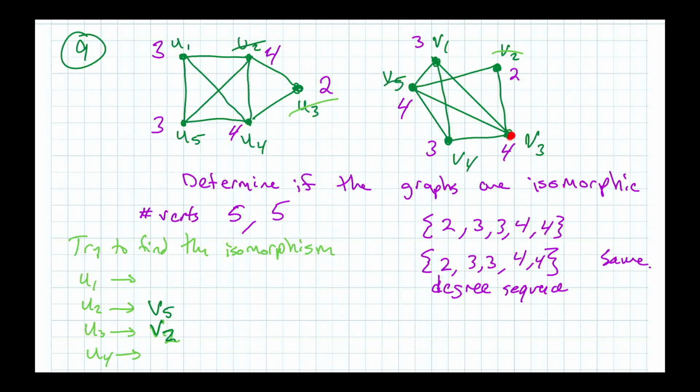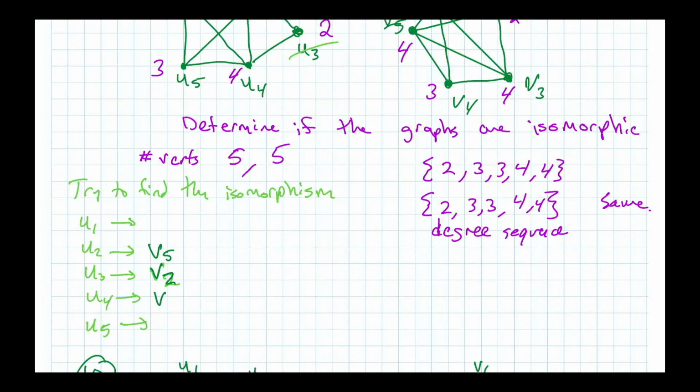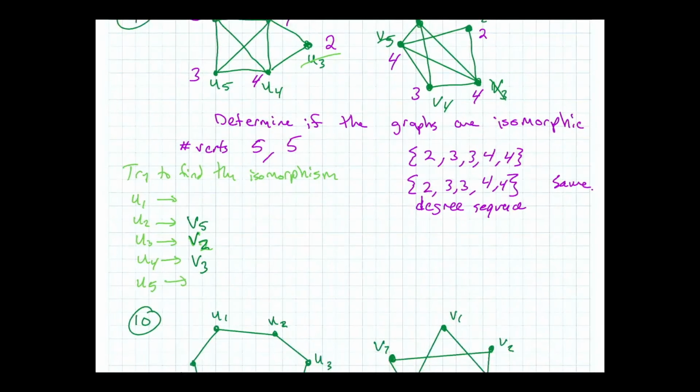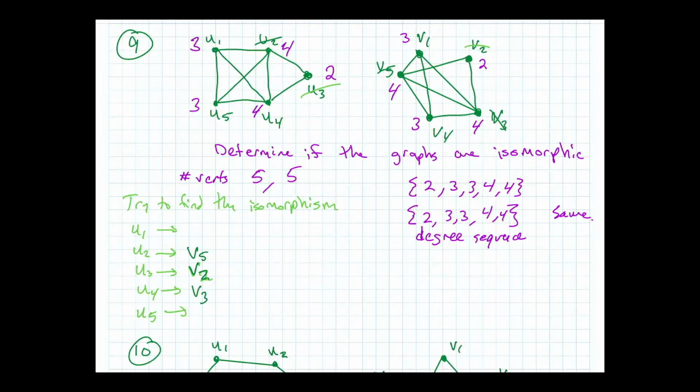And then the other degree 4 vertex, V3, must be the same as U4. All right, so we did that. And then you have to check that you're preserving the edges, which means that if there's an edge between vertices over here, there must be an edge between the vertices over here.